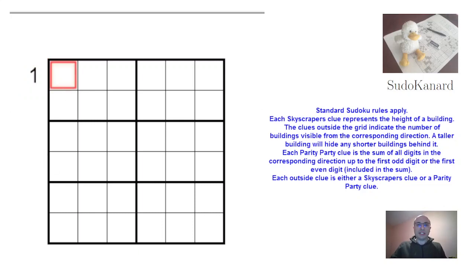If this is a skyscraper clue, then it means that we put a 6 here. That's the only building that is seen. But if we use this as a Parity Party clue, then it can only be digit 1. So you see that with a clue of 1, we get either a 1 or a 6.